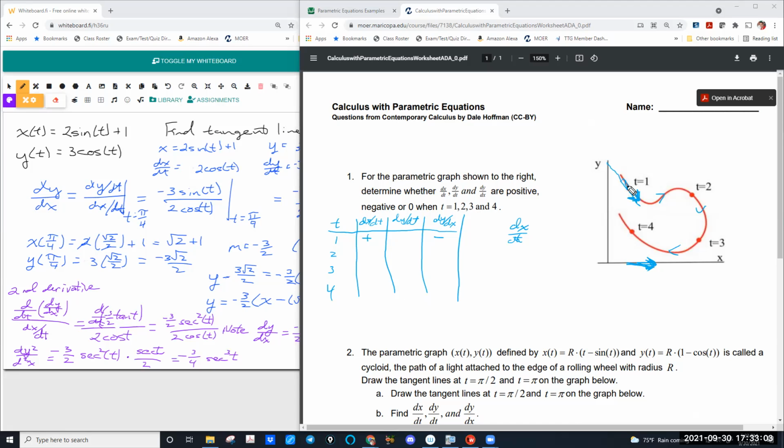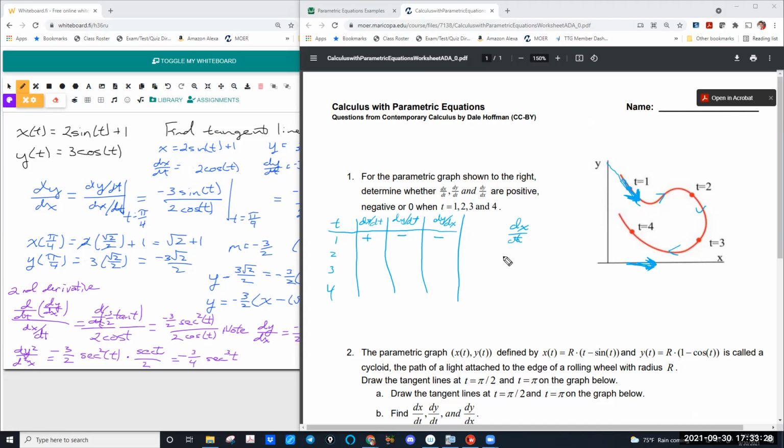All right. Now let's talk about what happens with y as we move in the increasing t direction. Should the dy dt be positive, negative, or zero? You can put plus, minus, or zero in chat. So we're moving along t in this direction, right? The y's are getting smaller, so we'd expect it to be negative.